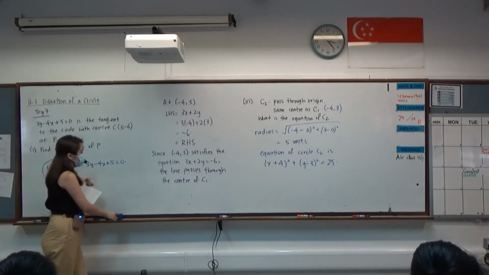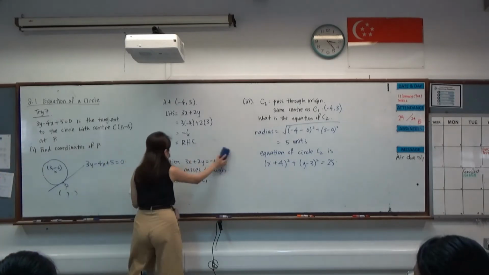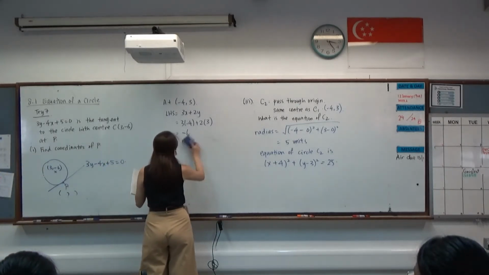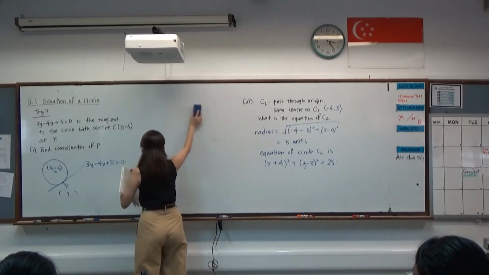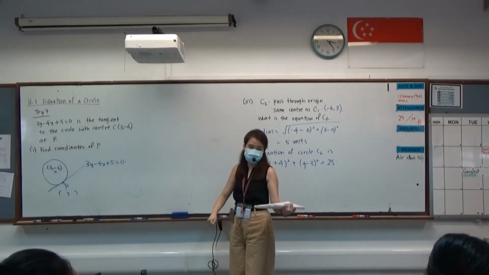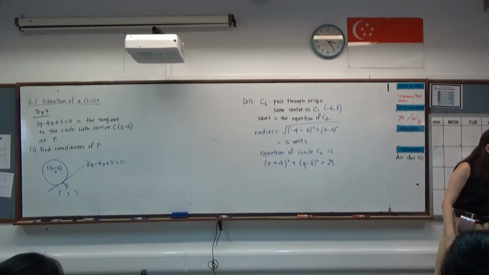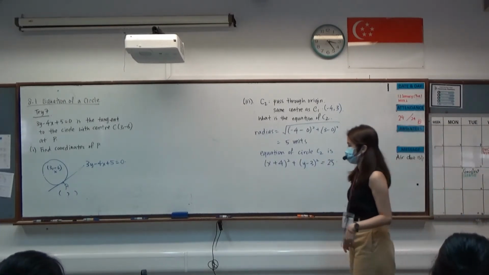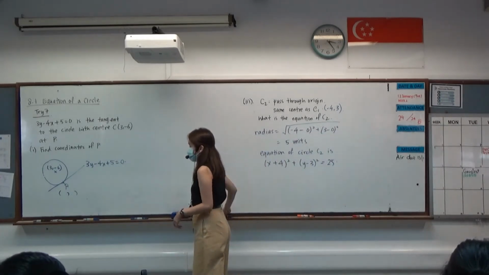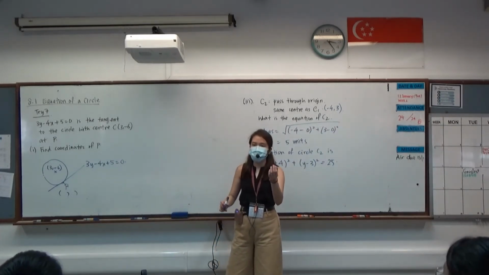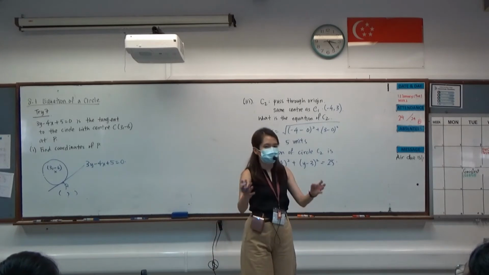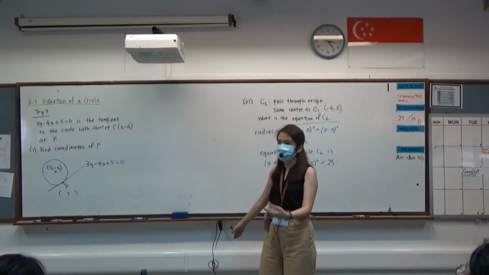So now that we have the diagram, we want to figure out how to determine the coordinates of P. So let's try to recall a certain property that we learned in our E-Maths last year. What is a property that you know about tangents and related to circles?